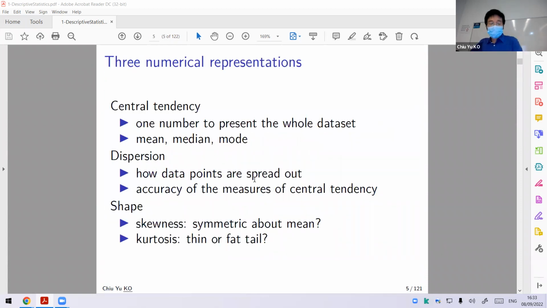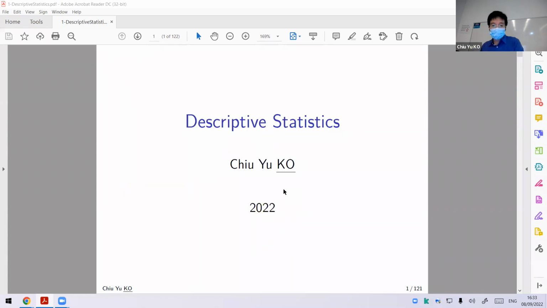Just a brief reminder, what we're doing here is topic 1 in descriptive statistics, which is using the data to look at some characteristic or property of the data that would be useful for our later analysis.